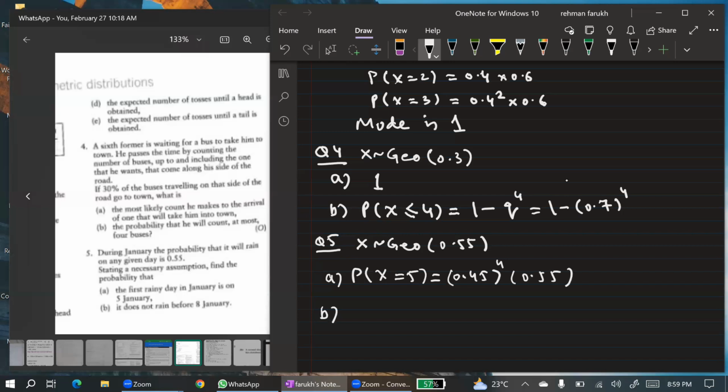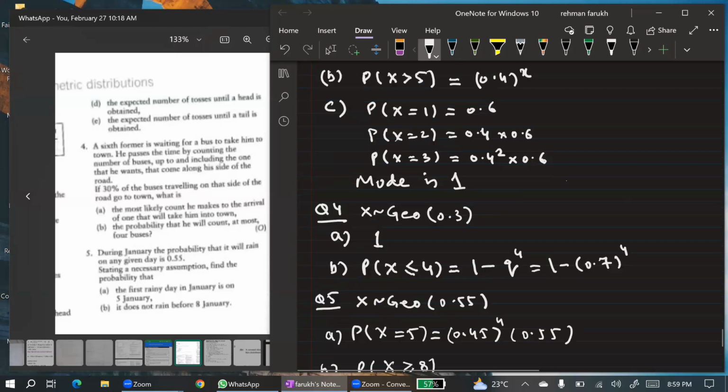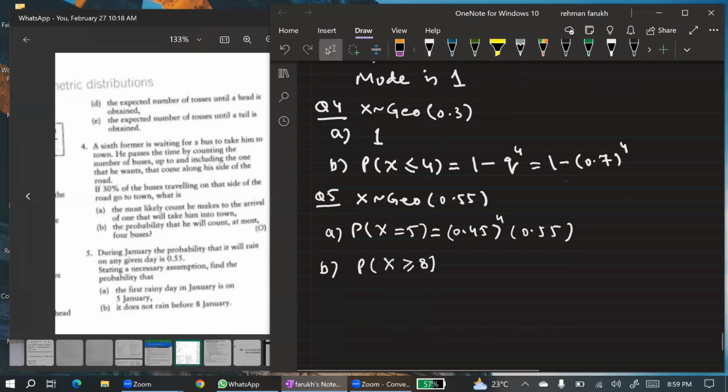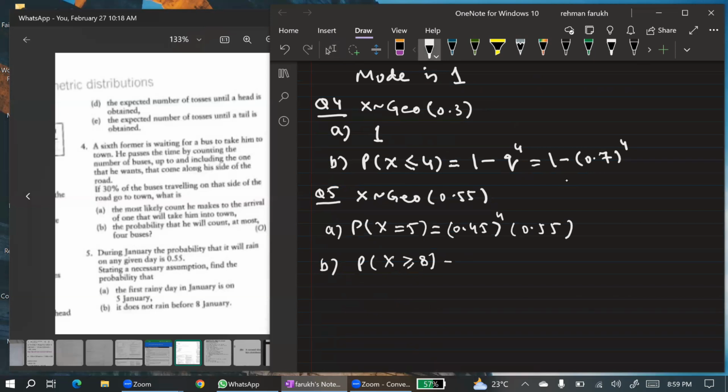B. It doesn't rain before 8. X is greater than or equal to 8. But the formula is for greater than, not for greater than equal to. So we will adjust this one.